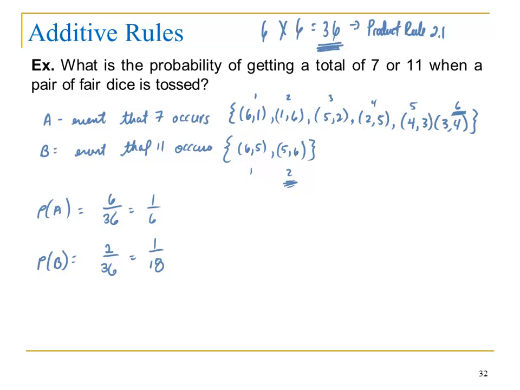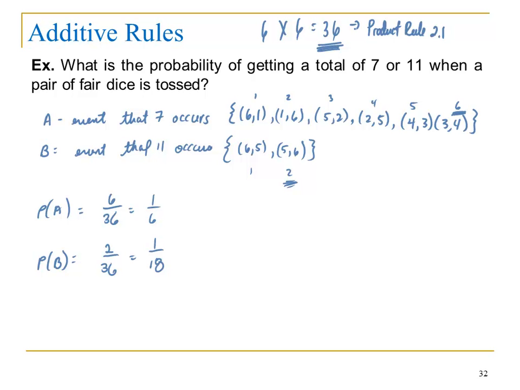So the question is, what is the probability of getting 7 or 11? Not just one of them, but one or the other. Are these events mutually exclusive? Why? Because there's no way that you can get a 7 and 11 at the same time.